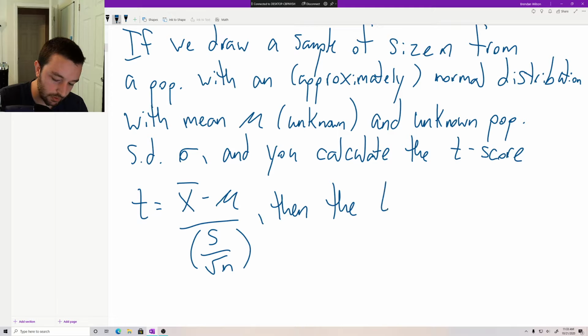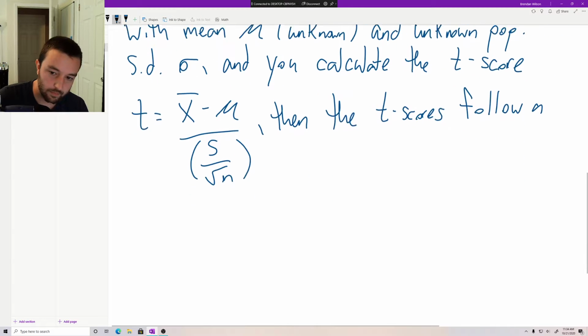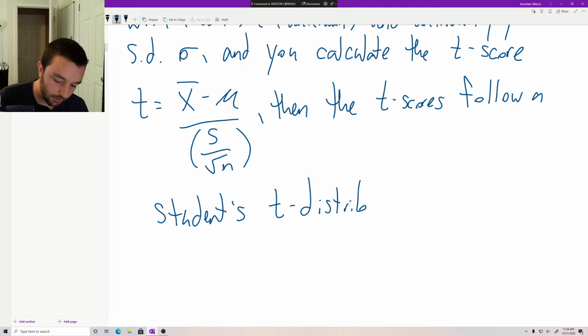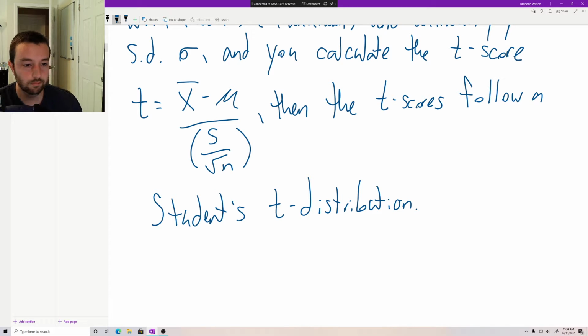Then the t-scores follow a Student's t distribution. Okay. Student should be capitalized because that was a name. So this is similar to how the z-scores would follow a standard normal distribution. Now the t-scores will follow the Student's t distribution.